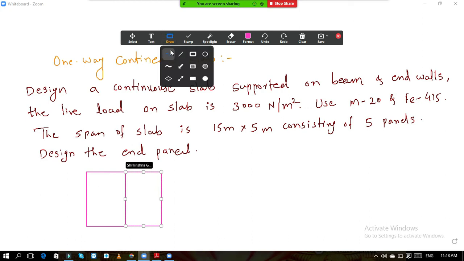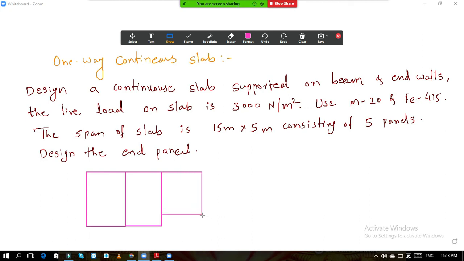Again, third panel. These are called panels. Then similarly fourth panel, and after that fifth panel.